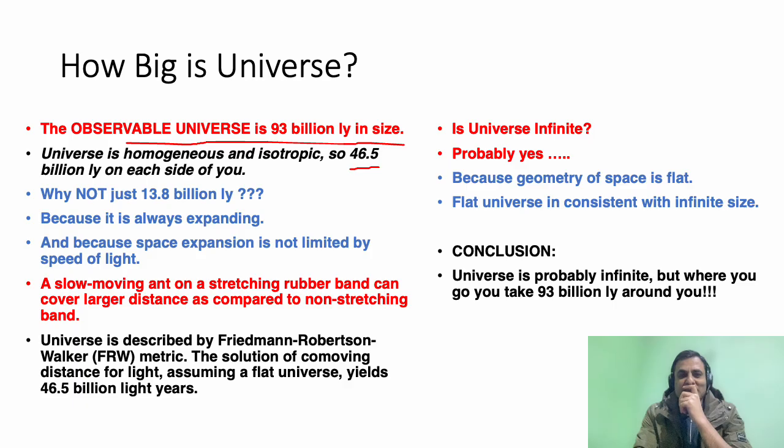So the argument that the universe is just 13.8 billion light years, as I told you, would only hold if the universe was not expanding, or the space was expanding with the speed of light. So what does this tell you? That the universe is bigger than the expansion allowed by the speed of light. It means that somewhere in the past the universe expanded with a speed much higher than the speed of light, right?